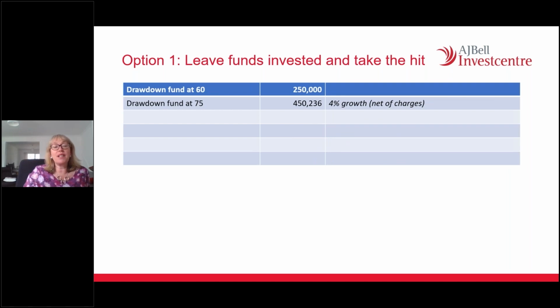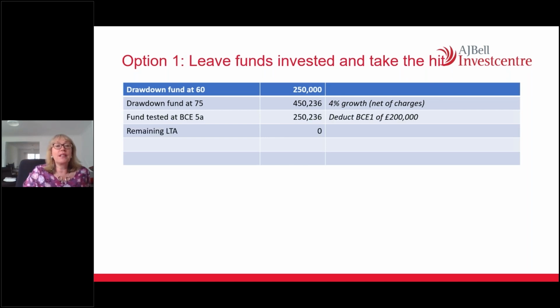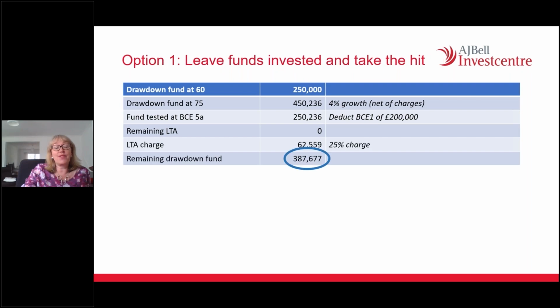So I've looked at that as well, and we've rolled that forward up to 450,000, again, looking at 4% charge. Taken off the 200,000 gives us remaining 250,000. And again, he's got to look at that, but he's not got a lifetime allowance left.